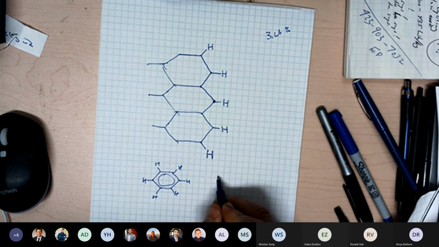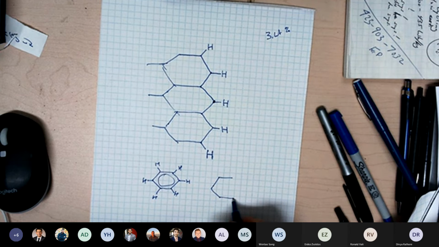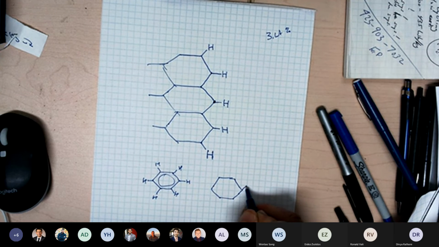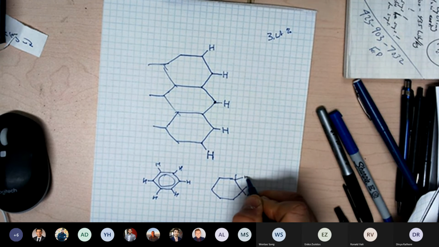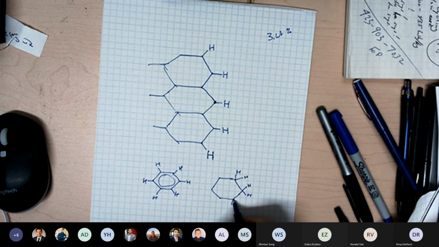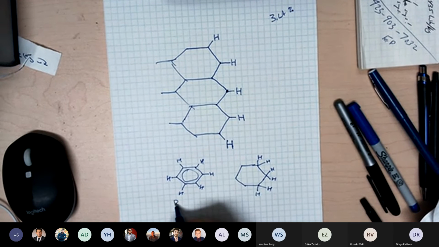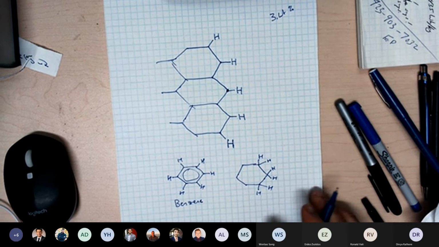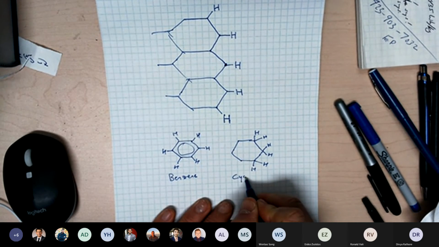But there's another compound, which is sp3 bonded, hard for me to draw, but it's cyclohexane, and every carbon has 2 hydrogens bonded to it. So this is benzene. I'm not sure you can see my screen anymore. And this is cyclohexane.